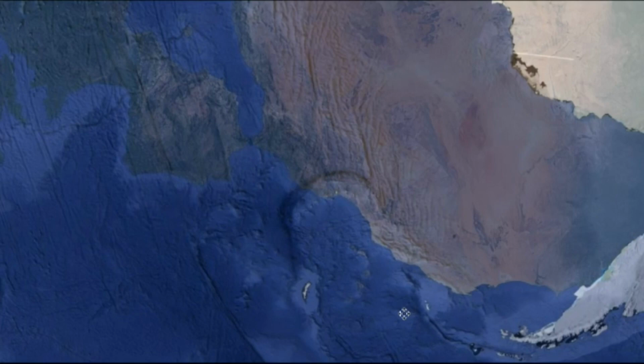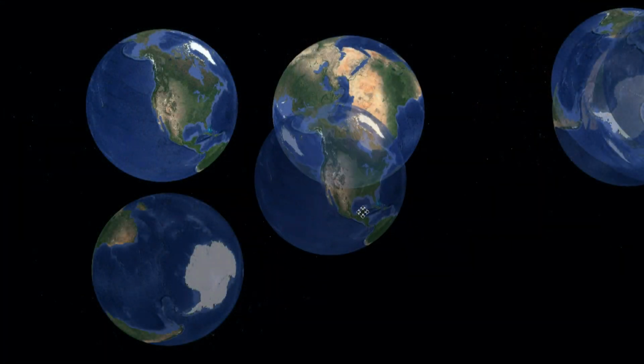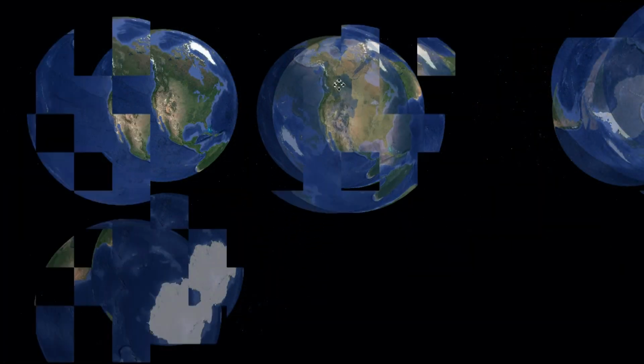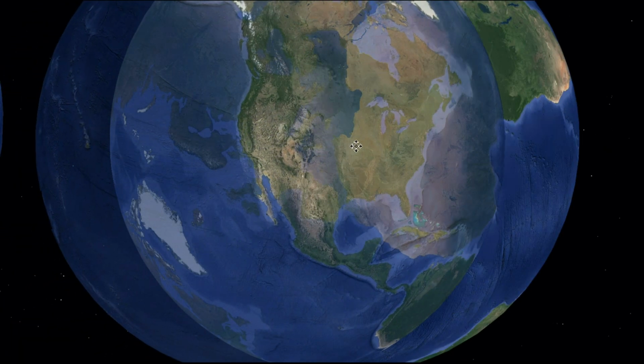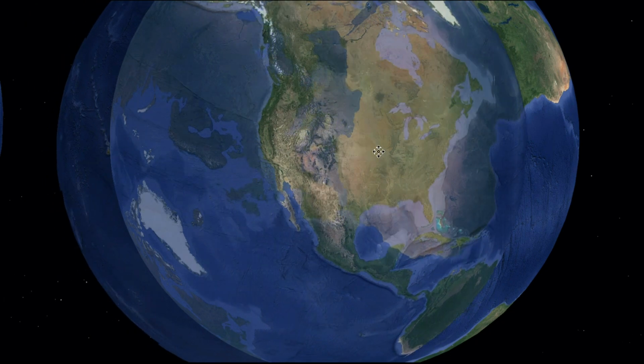So what happens when I combine Africa and North America together instead of the Southwest Indian Ridge? What's interesting is how well it matches as I bring it in.